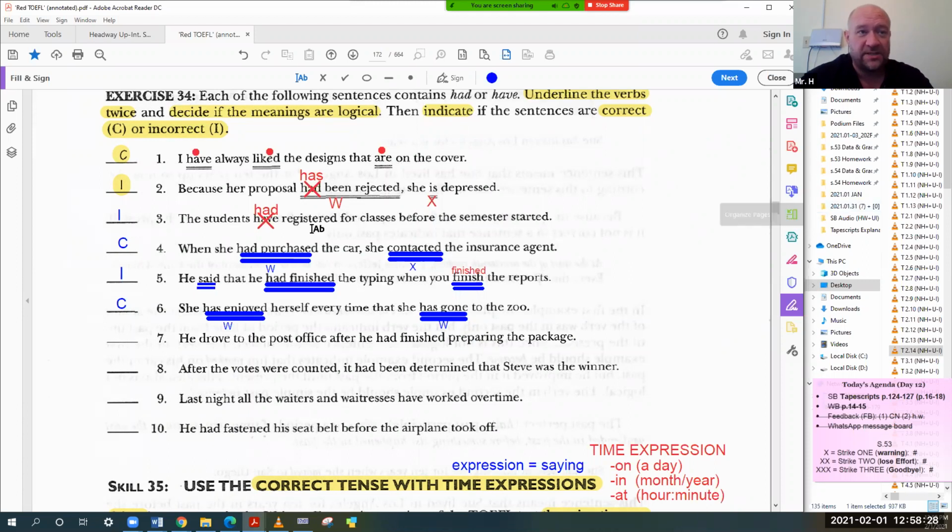All right. Faris Al-Ghamdi, how about number 7? Sir, I have a question. Yes. Why didn't you put been, has been? She has enjoyed herself every time she has gone to the zoo.